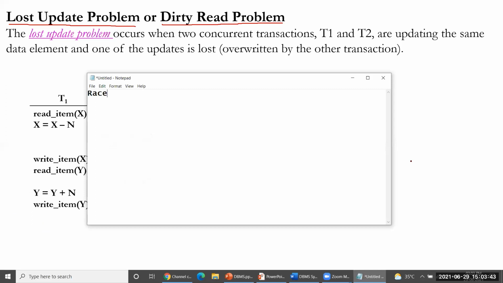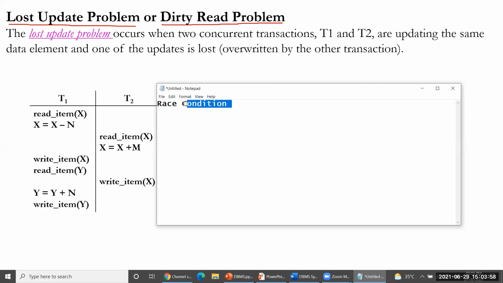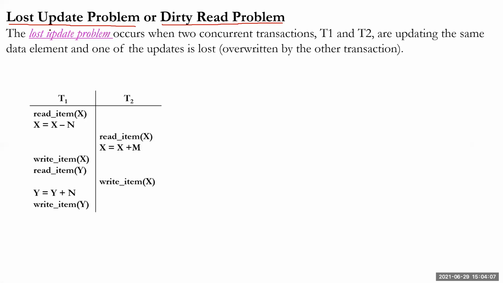Race condition. The operations that take place in either database management systems or operating systems are the same. Everything is the same, but the naming convention is somewhat different. What I have selected here happens in operating systems, whereas the lost update problem, otherwise the dirty read problem, is called a database management system problem.